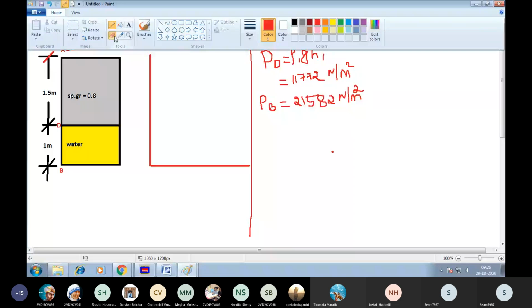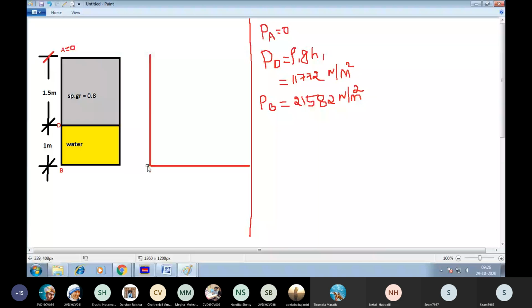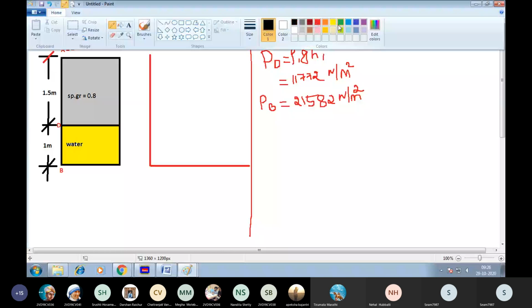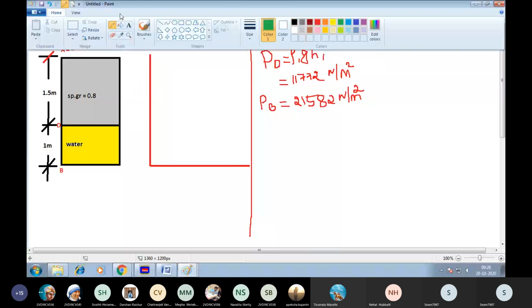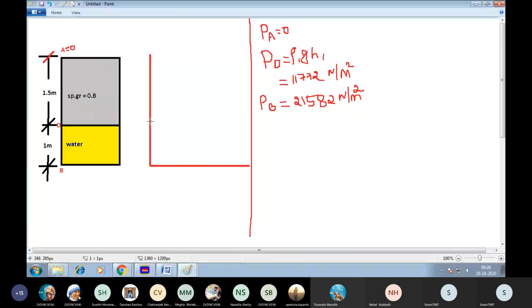Okay. Next, you have to draw the diagram. So we are going to consider one face of the tank. So PA is equal to 0. Next, what about PD? It is 11,772. So 11,772, let me take it as here.